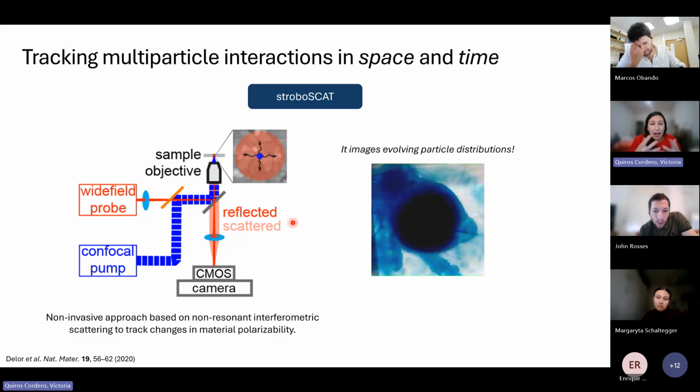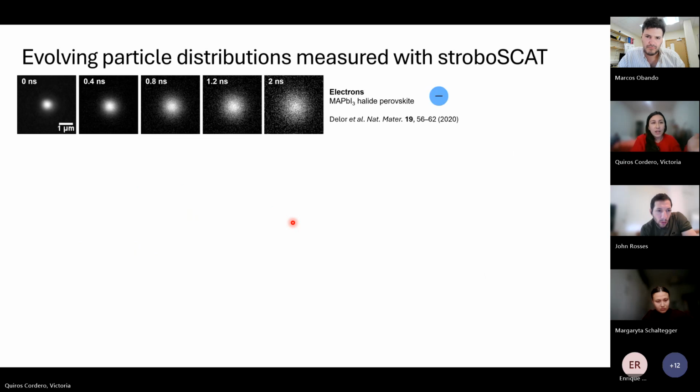So now I want to slowly show you a broad range of materials and different quasi-particles that we've measured using this technique. The first have been electrons in halide perovskites.